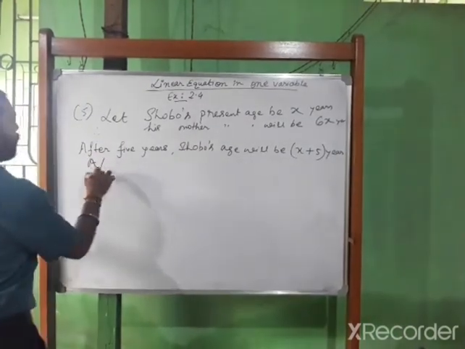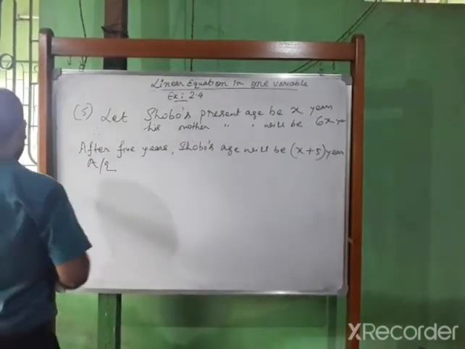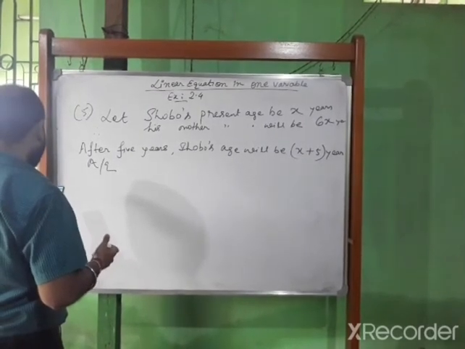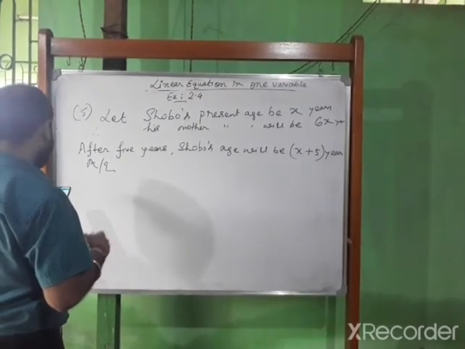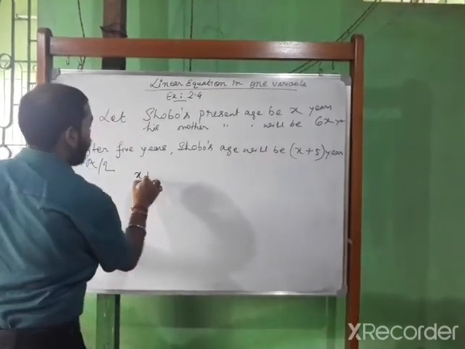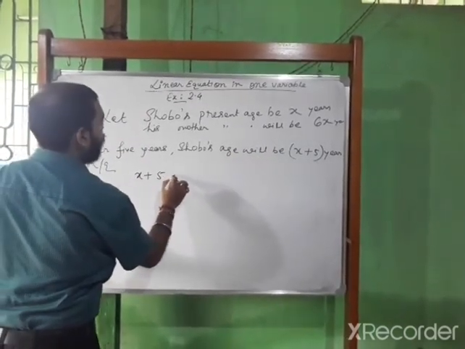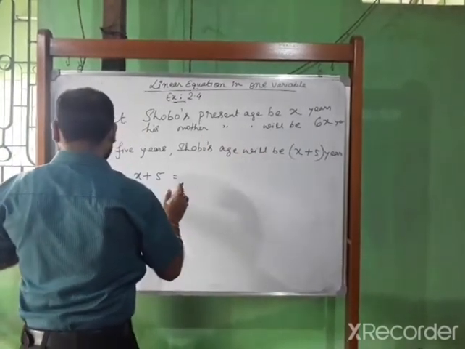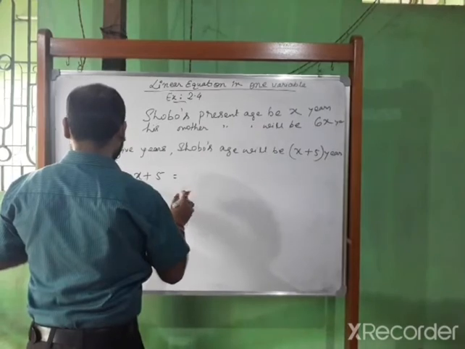Now, according to the question, Shabu's age 5 years from now will be 1/3 of his mother's present age. So after 5 years, Shabu's age will be x plus 5, and it will be 1/3 of his mother's present age.